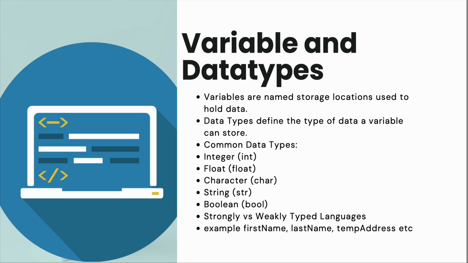The numeric value which is fixed and doesn't have any kind of decimal is called an integer. Floats are all those decimal numbers, and characters are alphabets. Strings are like first name, middle name, last name, address, phone number. These are all string values. Next is boolean. Anything that is true or false is boolean.